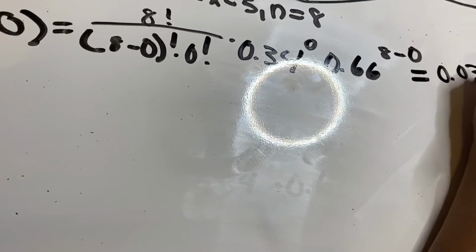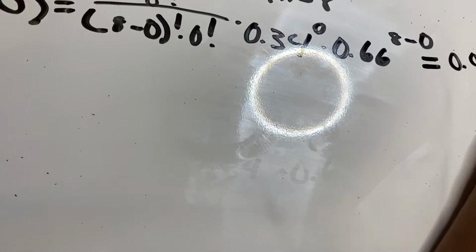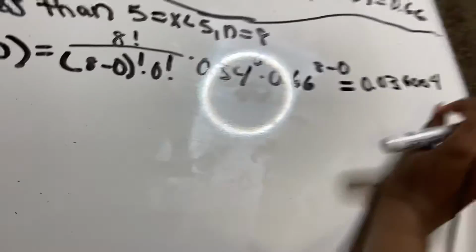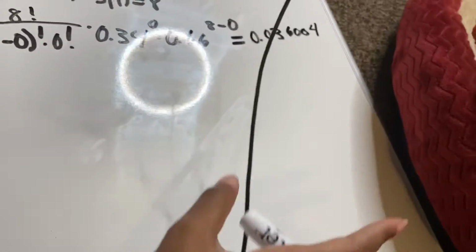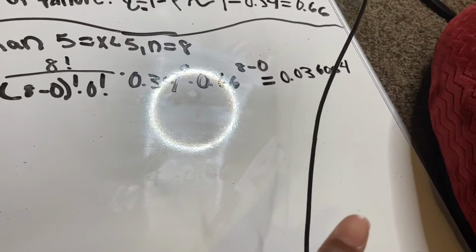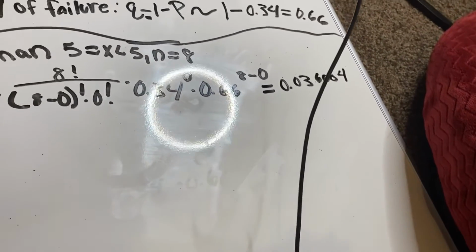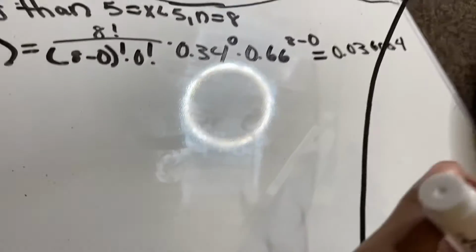Of course you can round it to make it a smaller number to work with, but I'm just going to leave them as they come out in the calculator, and then I'm going to round it later.